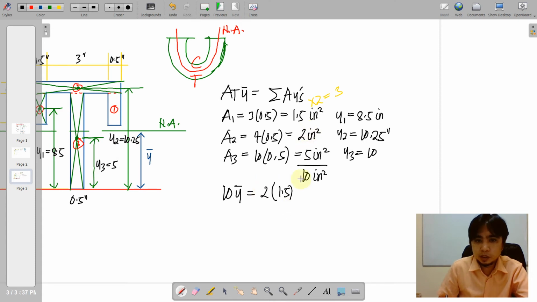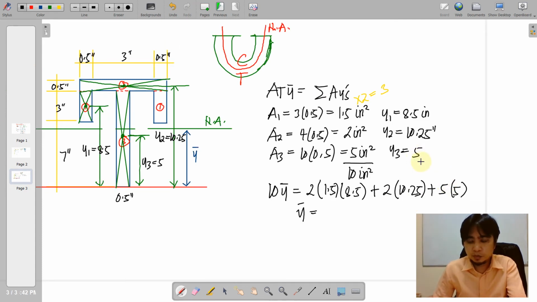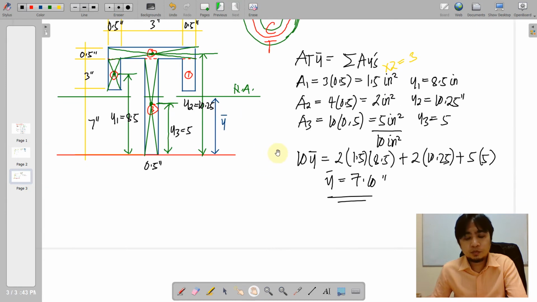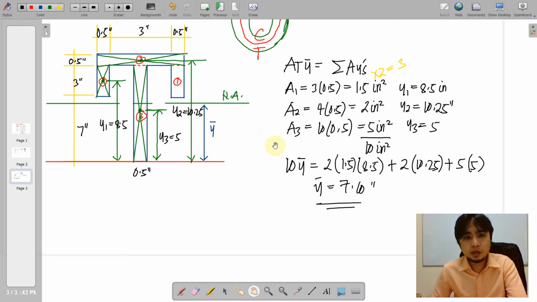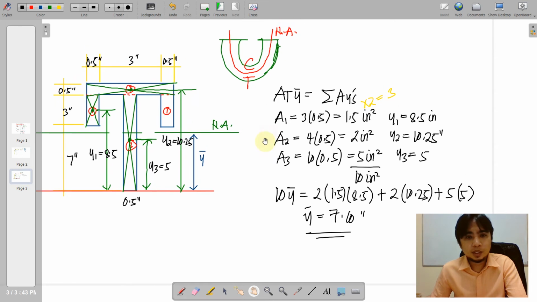The area 1 is 1.5 times 8.5 inches plus area 2 of 2 times 10.25 as y2 plus area 3, 5 times y3. I think we have miswritten your y3 here, so y3 is 5. So calculating, y bar should be 7.1 inches.